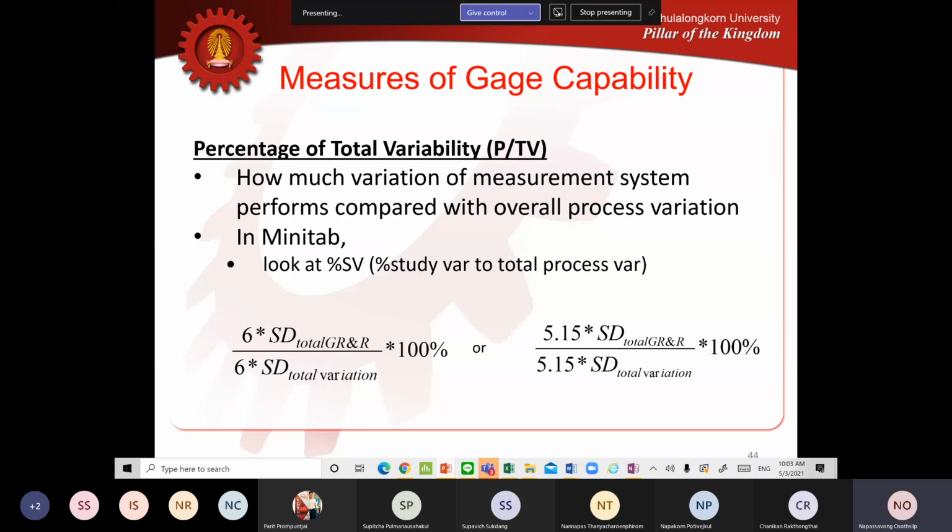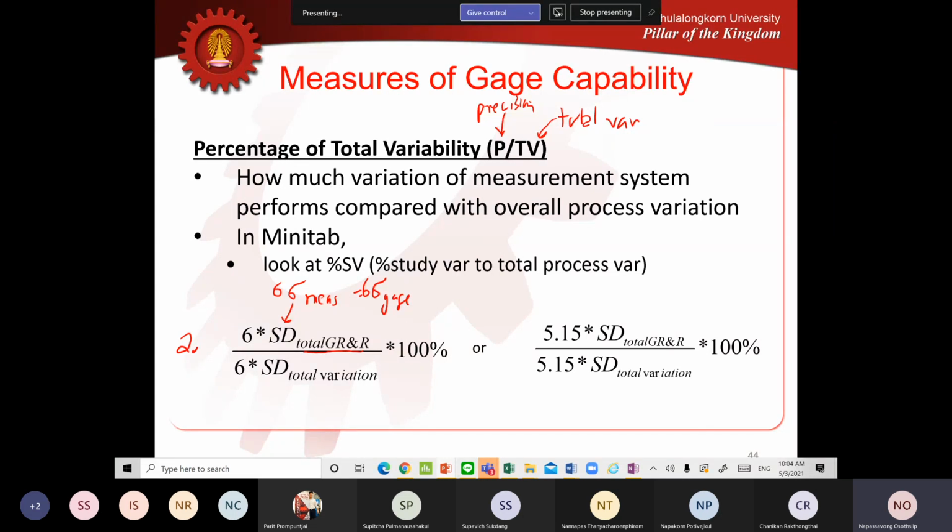The second indicator is what we call precision to total variation. The same thing, precision is quantified by 6 sigma, where SD is the sigma of the measurement, or we can call this sigma gauge, or sigma total GR&R. We can call it by different names.